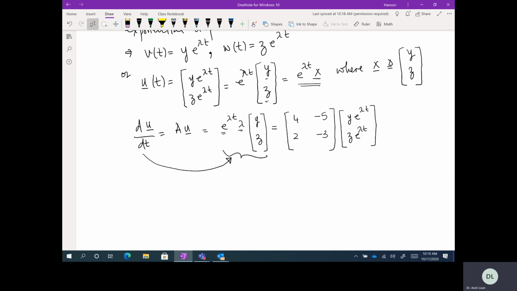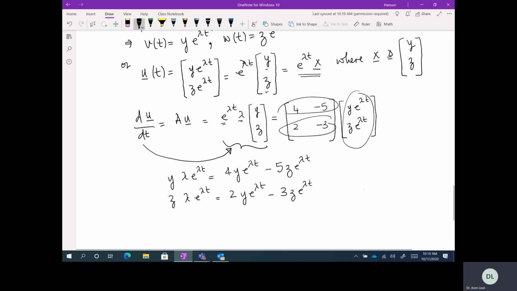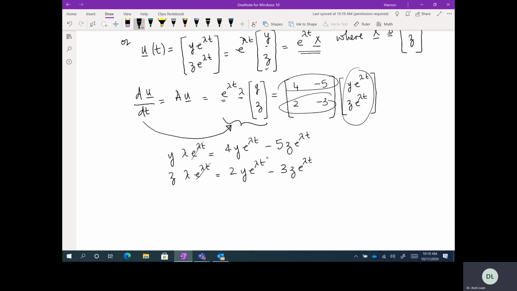If I expand this out, I get y lambda e^(lambda t) equals 4y e^(lambda t) minus 5 z e^(lambda t), and z lambda e^(lambda t) equals the second row, 2 times y e^(lambda t) minus 3 z e^(lambda t).